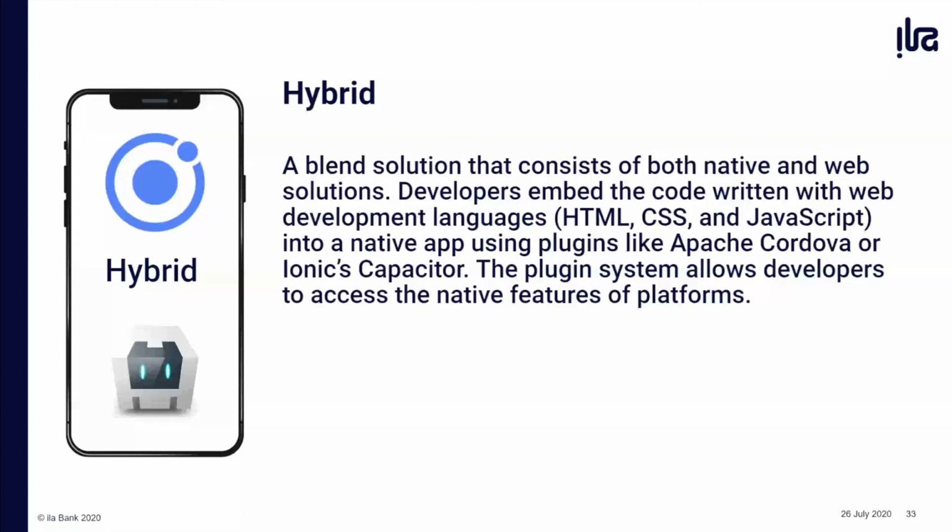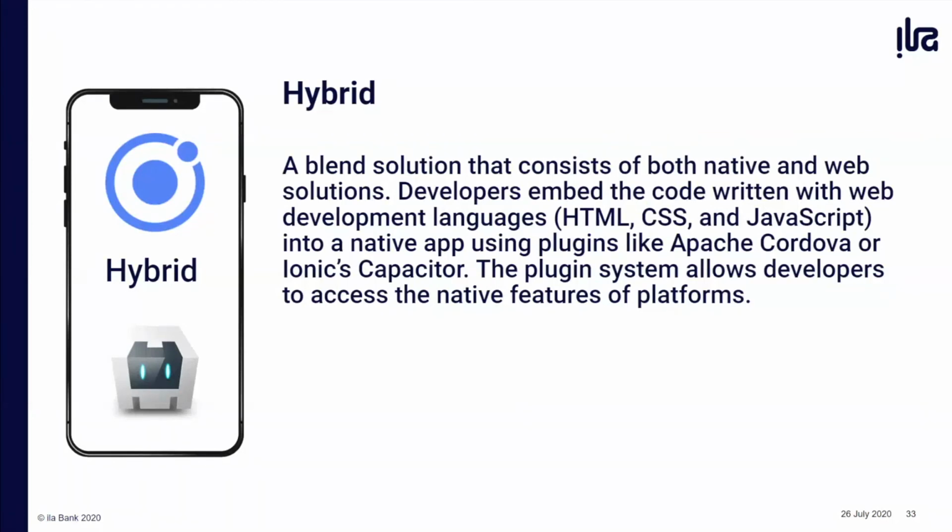You can use things like Ionic, PhoneGap here, and write the whole application with a language similar to the web, using HTML, CSS, and JavaScript, and using this Apache Cordova and Ionic Capacitor also to convert your web code into mobile applications. So this is one of the options that is used.